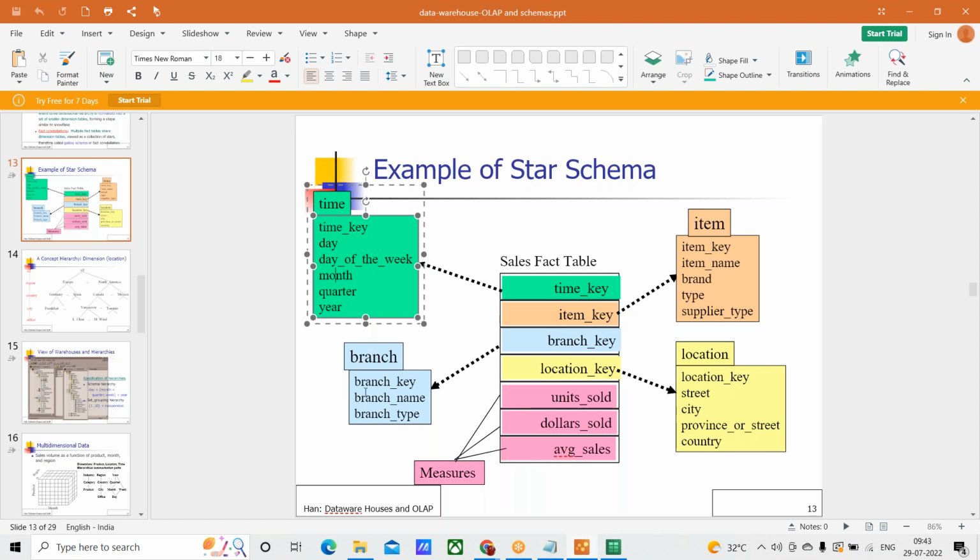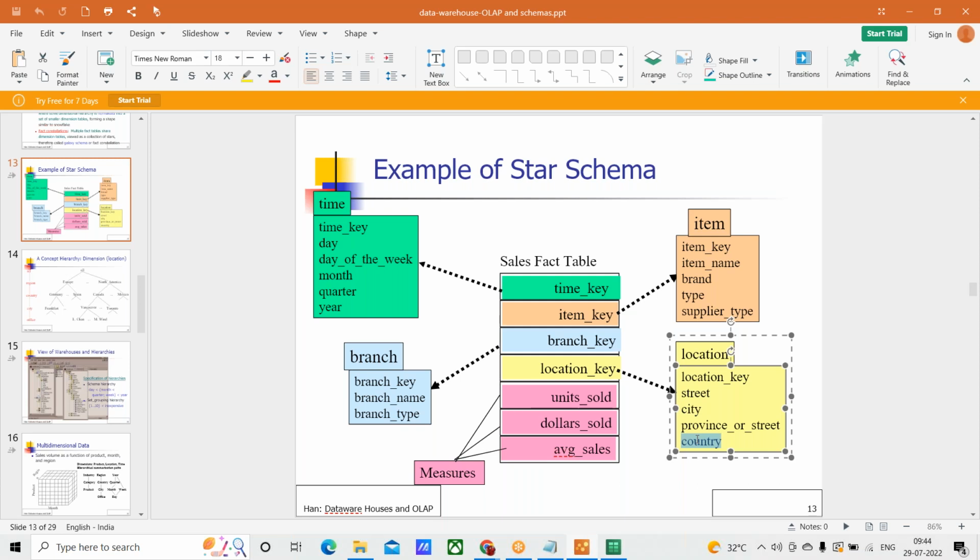Or if you want branch wise monthly sales in every state, then you have to join with location and apply a filter based on state, or street, or city, or country, whatever filter you want.